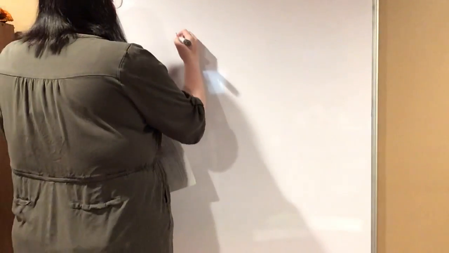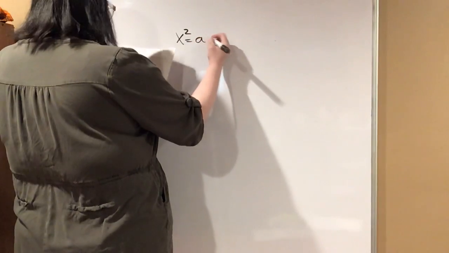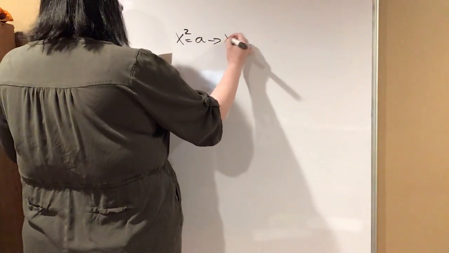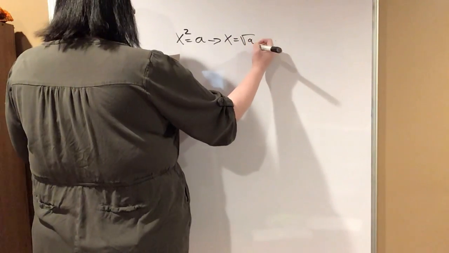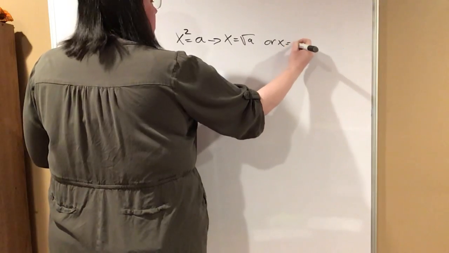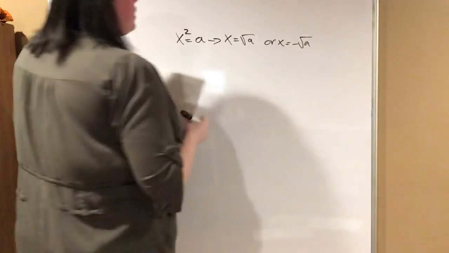So I've taught you guys the square root property before, I believe. If I have x squared equals a, then I know that x equals the square root of a, or x equals the negative square root of a.